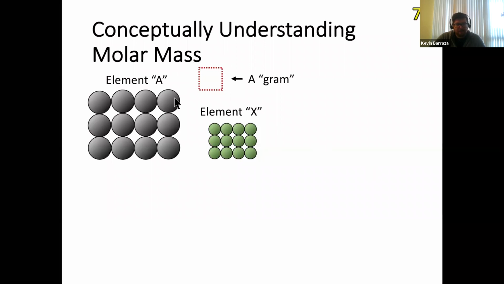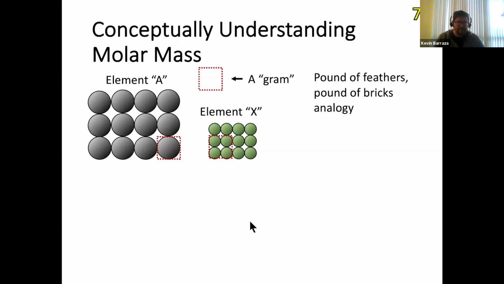If I try to fit these particles into a box, what I would find is that a bigger particle means that less of them can fit into a gram. But if I have a smaller particle, relatively speaking, more of them fit into a gram. So the reason why molar masses are different is because the size of these particles affects how much you have to weigh, which hopefully is a bit intuitive.